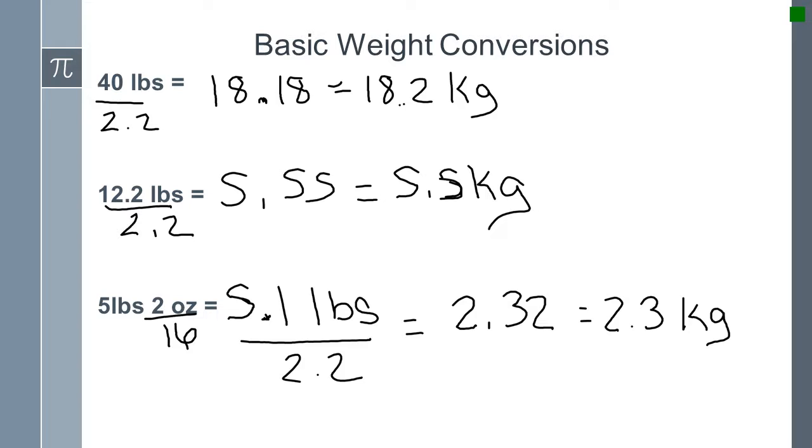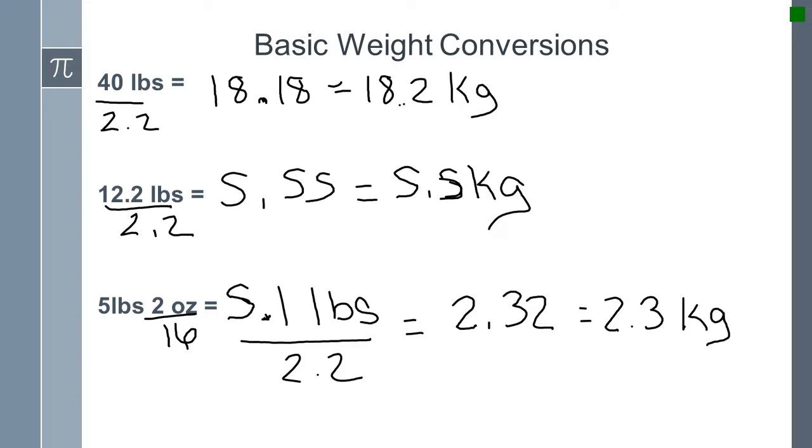So if I was just going to round that to the 10th place, my answer was 5.54, so that the first 5 in the 10th place would not round up. So I would just end up with 5.5. And these are kilograms because that's what I wanted. I was trying to convert from pounds to kilograms.